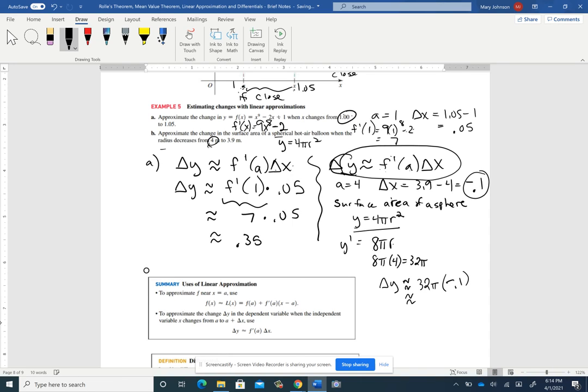So the change in y is approximately negative 3.2 pi, and that's about negative 10.05, and that would be meters squared. So as the radius decreases from 4 to 3.9, the surface area of the balloon decreases by about 10.05 square meters.